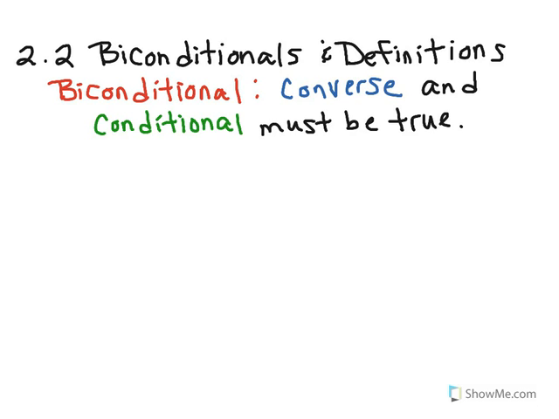The first thing is that the converse, which is where the hypothesis and the conclusion are switched, and the conditional statements must be true. A biconditional takes both of these and combines them into one statement.